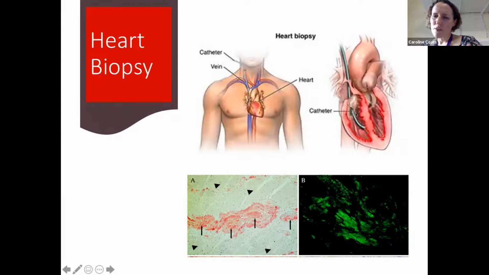And it's something that we don't like to do unless it's absolutely necessary. On the bottom of the slide, you see the classical pictures of amyloidosis, and it has this classical staining under the microscope. So for many years, this was really an imperative part of making the diagnosis of amyloidosis.